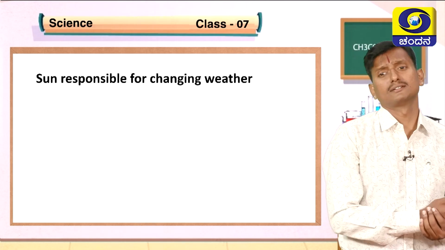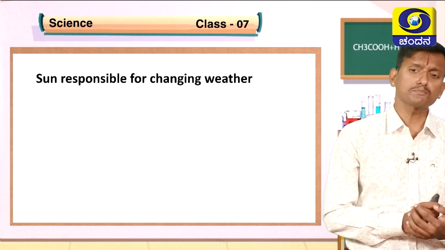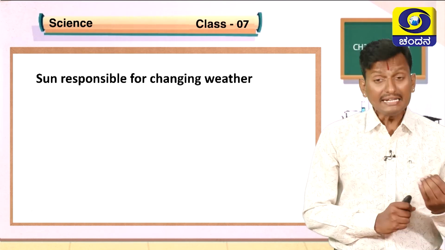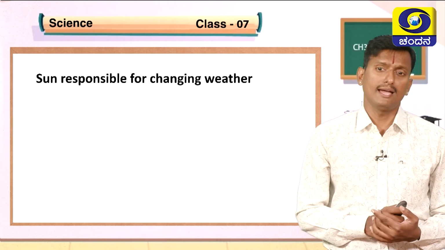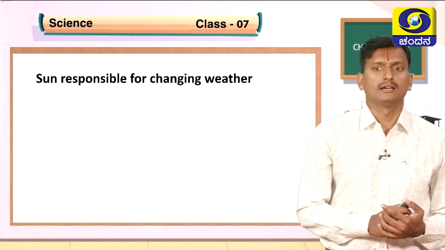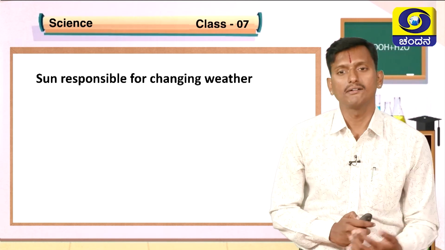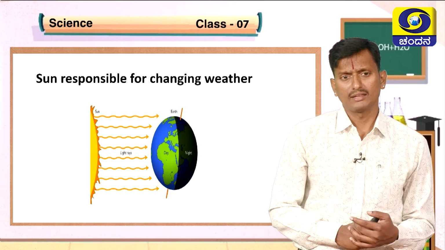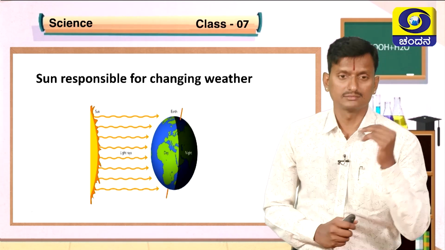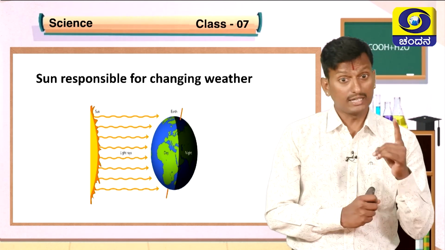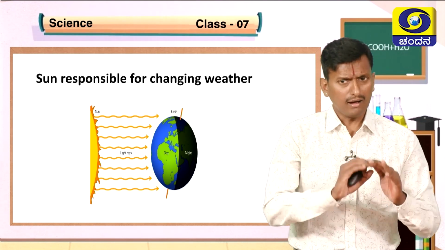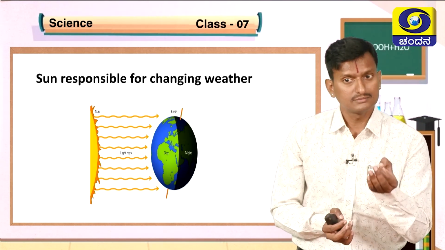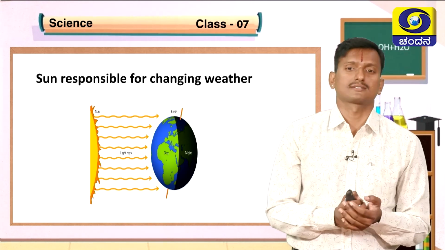Let us see. The sun is responsible for changes in weather. Mainly, the sun plays a major role in changing the weather. See here, the sun rays are falling on this earth. But keep in mind, all of the earth is not receiving the same temperature or sun rays.